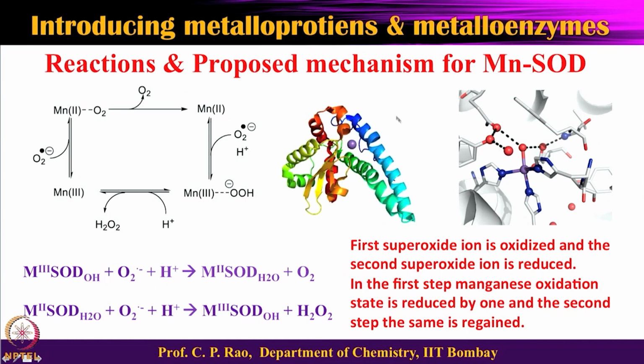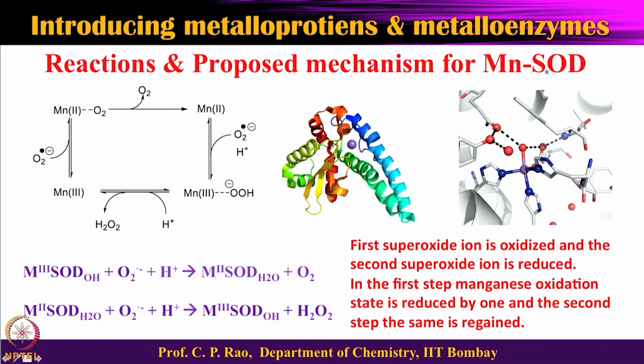Now, the manganese superoxide dismutase is an enzyme, and here we are showing one subunit. The manganese is surrounded by these groups, which you can see very clearly over there: one histidine, another histidine, and the other histidine, and the oxo or hydroxo species, which is held by the secondary force interactions coming from the protein.